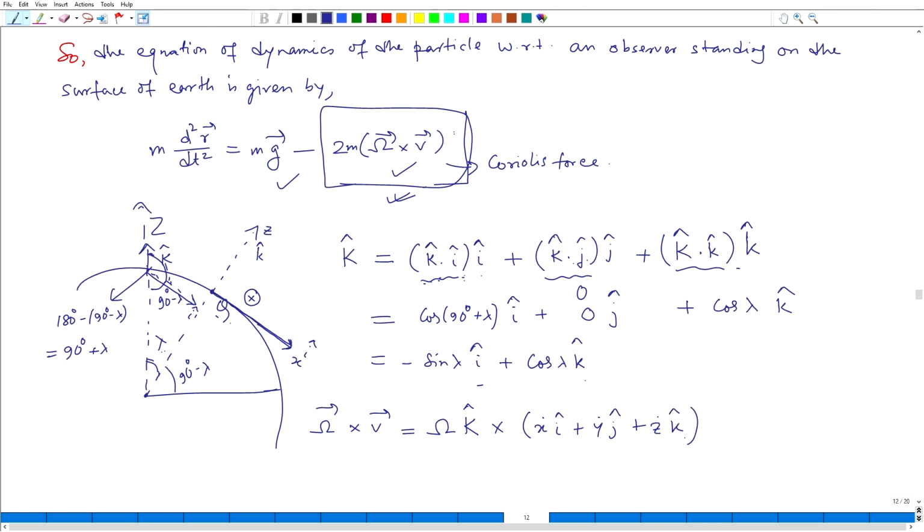If you do the calculations clearly, what we have to do now is this: it will be minus omega sin lambda i cap plus omega cos lambda j cap cross x dot i cap plus y dot j cap plus z dot k cap.